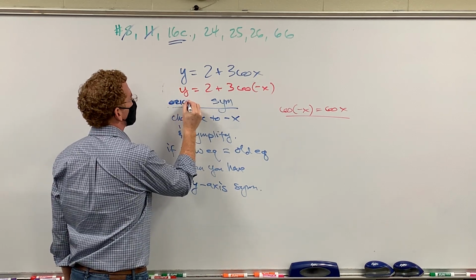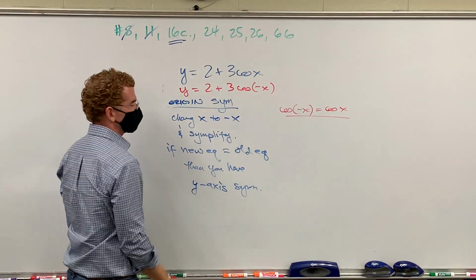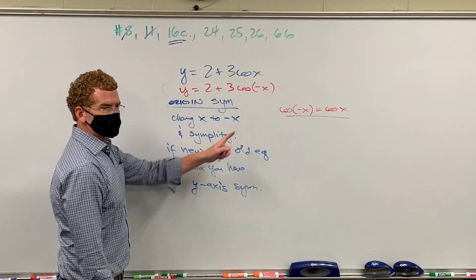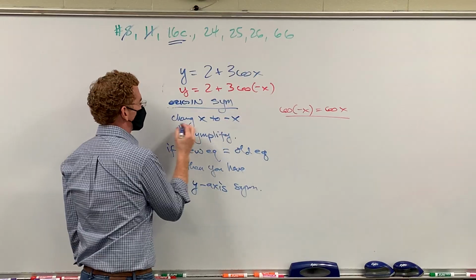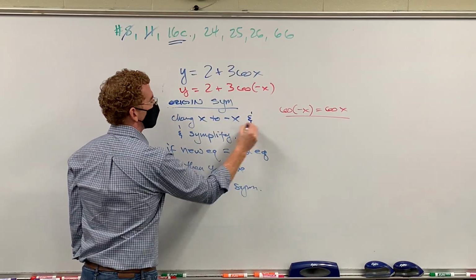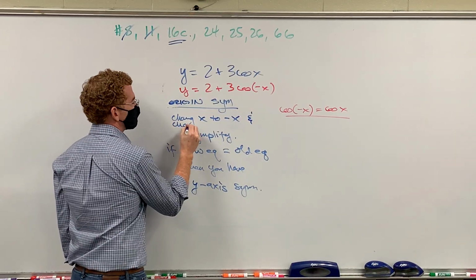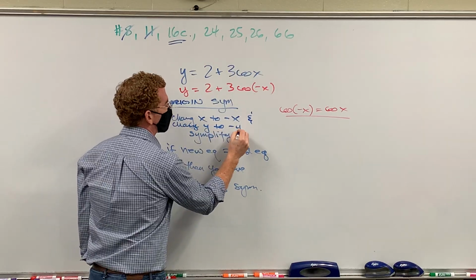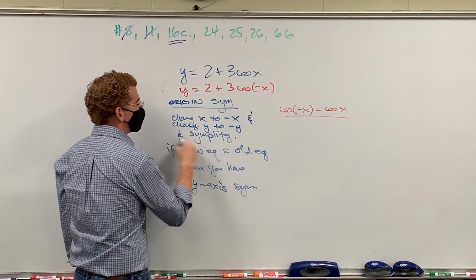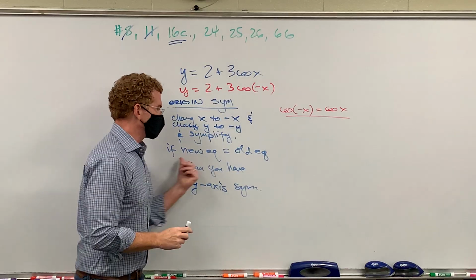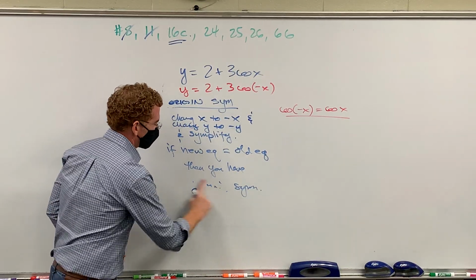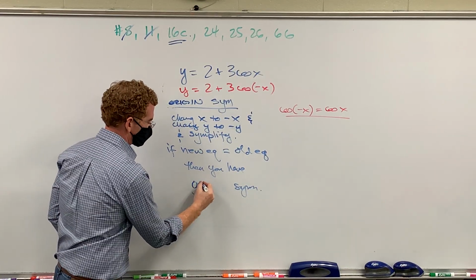For origin symmetry, change the x to negative x and change your y to negative y and then simplify. If the new equals the old, then you have origin symmetry.